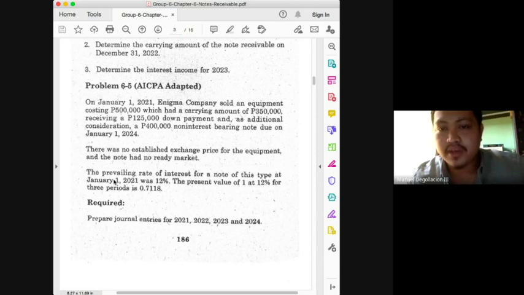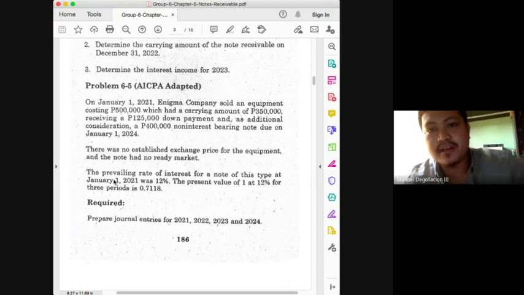But if the entity involved is not engaged in selling this kind of equipment, then it would be considered as an ordinary disposal. And for disposal of long-term assets, normally you will have to recognize a gain or loss on disposal.